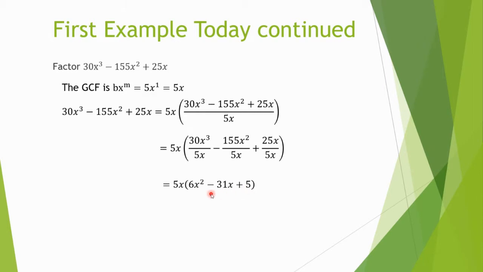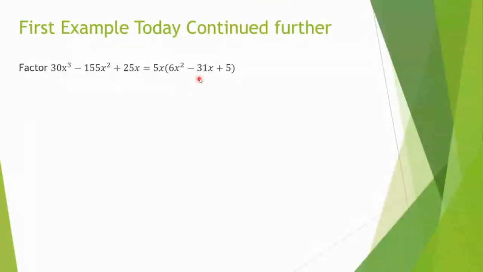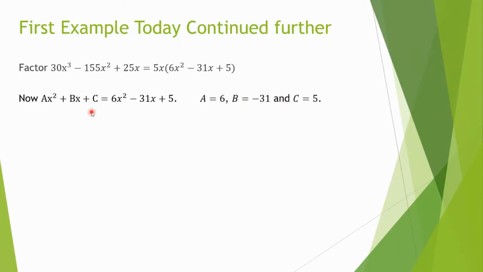From here, hopefully you can see, even before I displayed it, that A and C are 6 and 5, respectively. And again, B is negative 31, right?